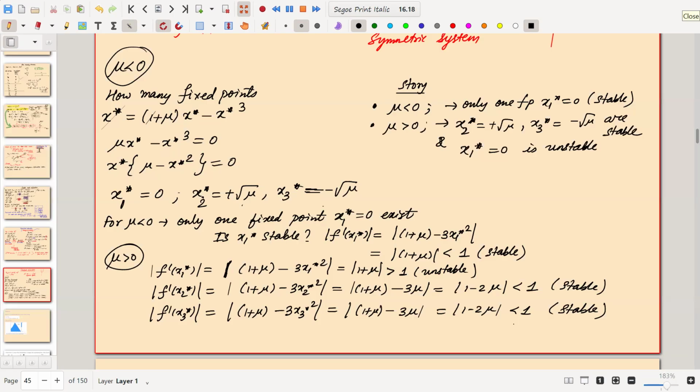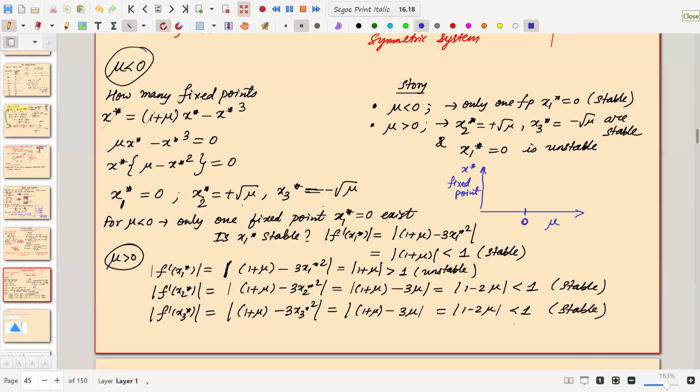So let me draw the stability diagram for you to understand. Okay, let us use the colors. This is the plot you will see in Python also when you code it up. This is our x star, that is the fixed point, on the y-axis, and the x-axis is the parameter mu, right? Now this is 0.